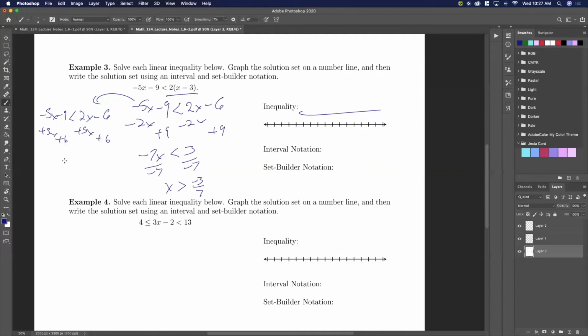And so here I'd get minus 7x, and then I get minus 3/7. These are the same answer, because x being greater than negative 3/7 is the same thing as negative 3/7 being less than x. So this is the exact same, okay?